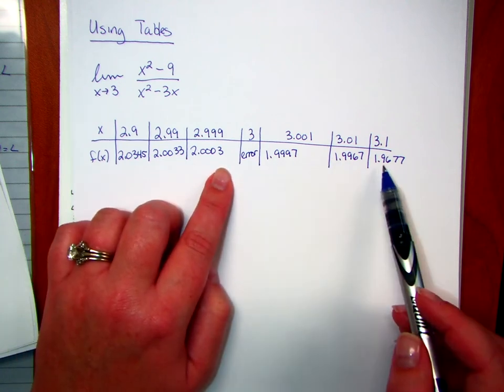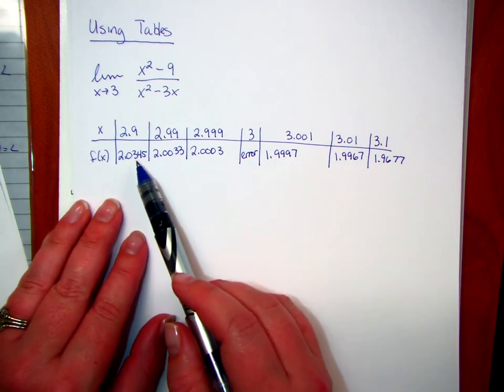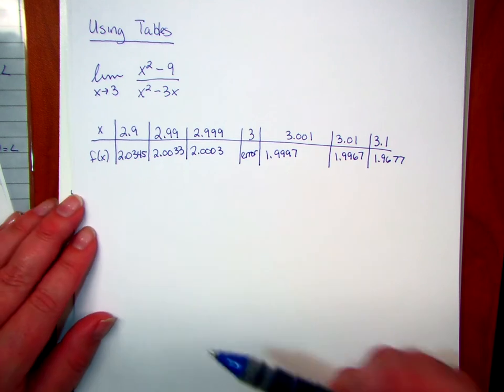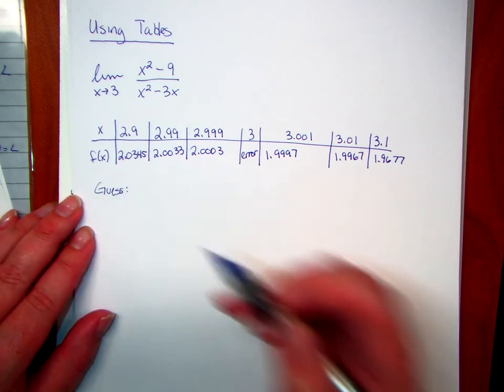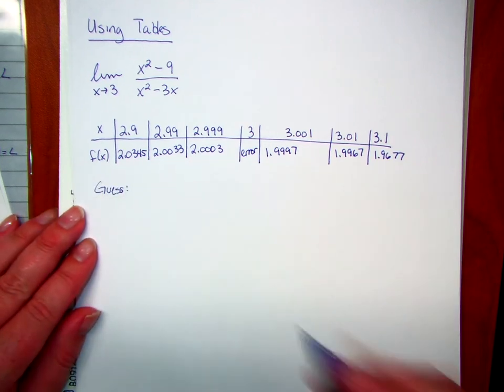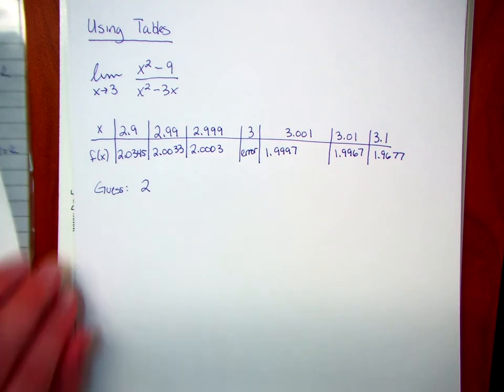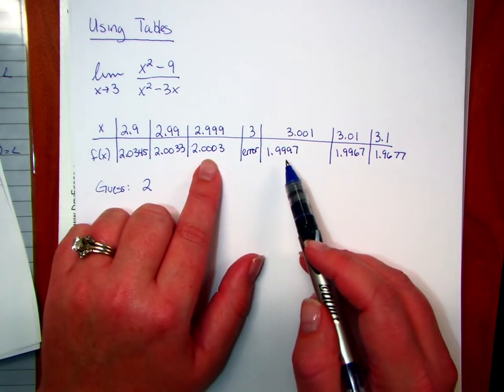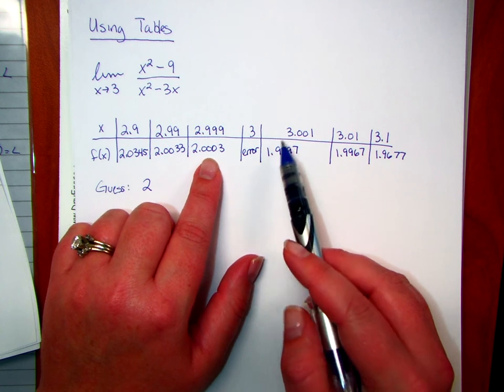So it looks like on the right-hand side, we're increasing to 2. On the left-hand side, we're decreasing to 2. And so we're going to guess, okay, accurately guess, it is an educated guess, that this limit is indeed going to be 2.